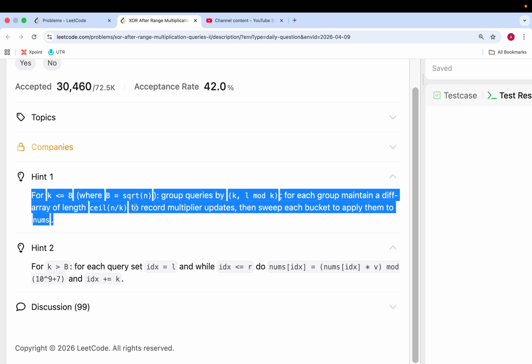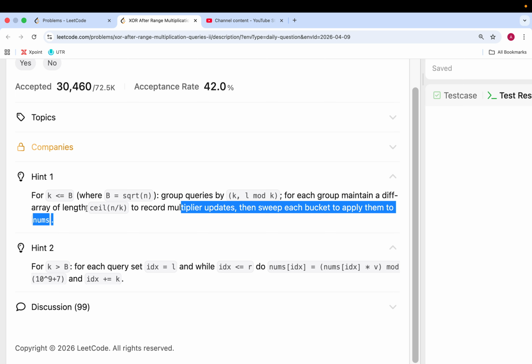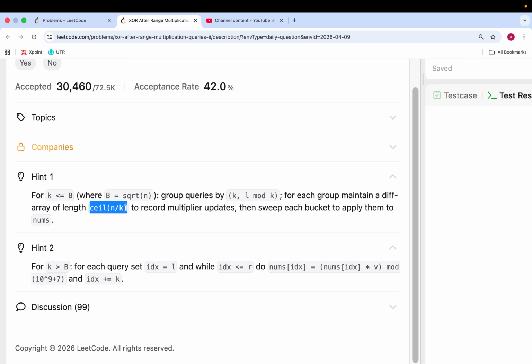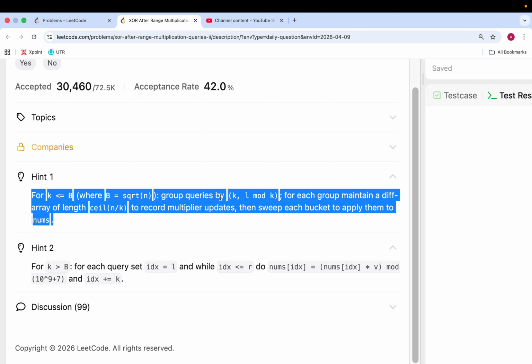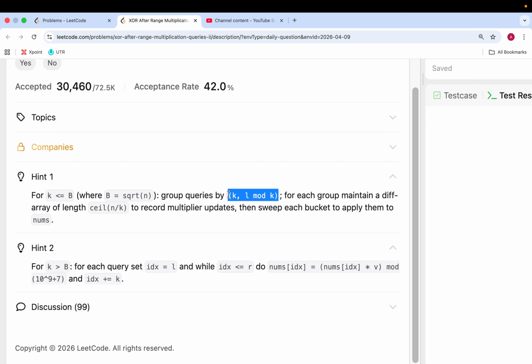So my understanding is, if k is big, square root of n kind of thing, then there are square root of n many tuples that there could be, right?